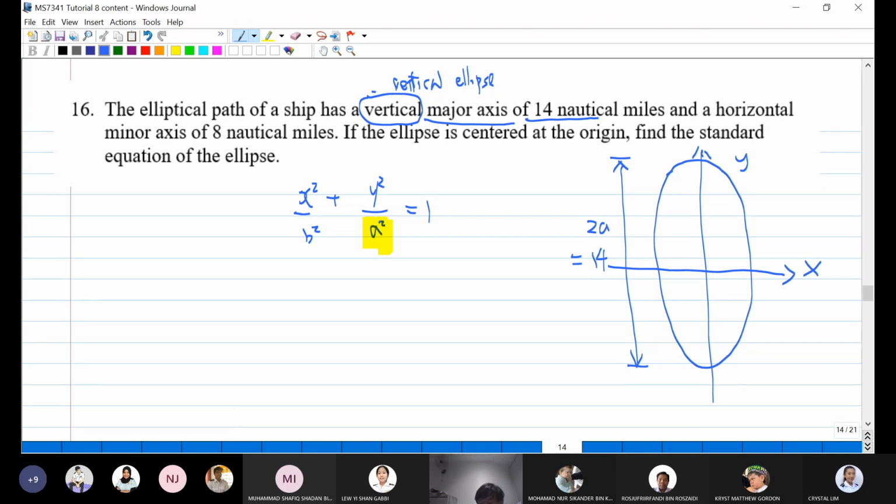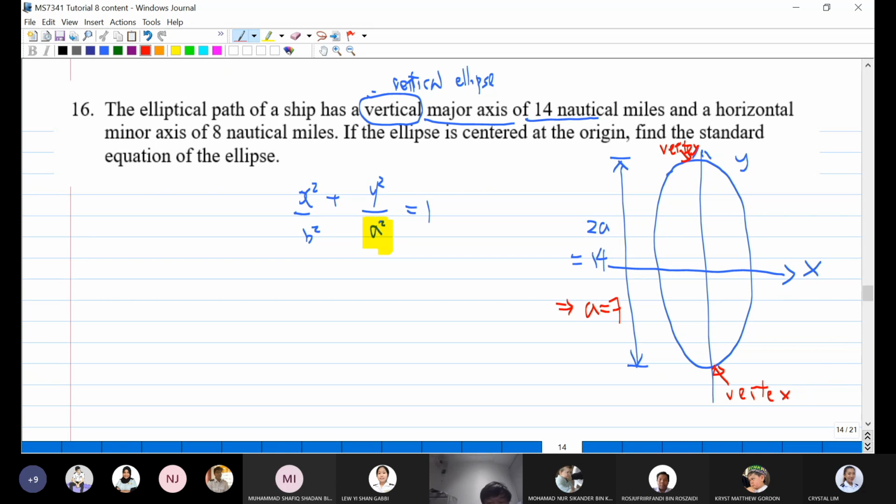The top point is called the vertex, you remember? The distance between two vertices is the length of the major axis, 2a, right? So that means a equals 7.